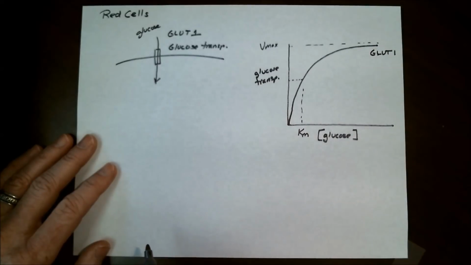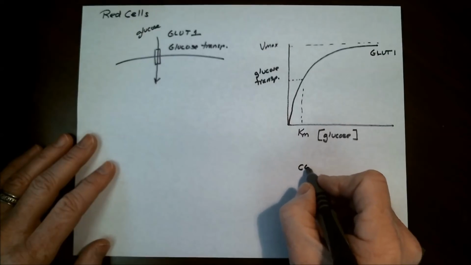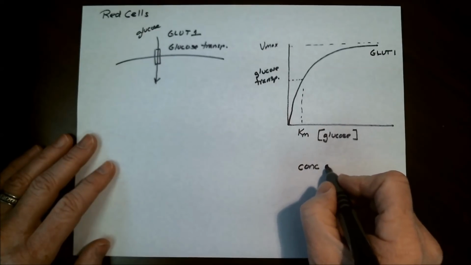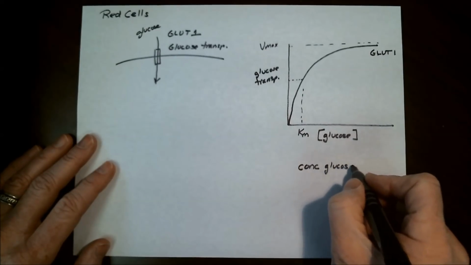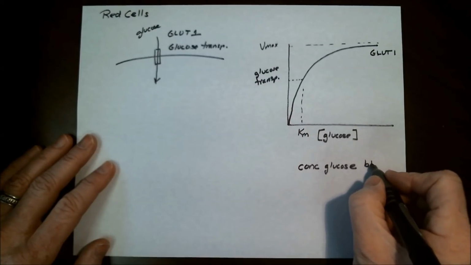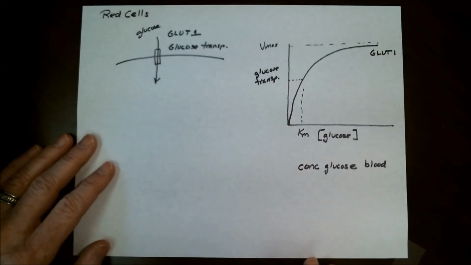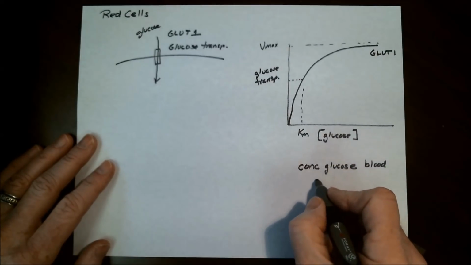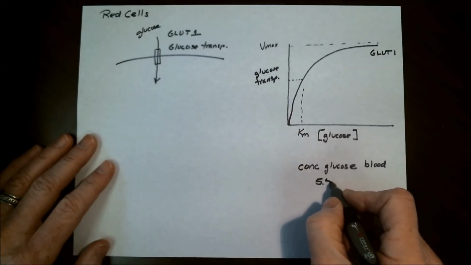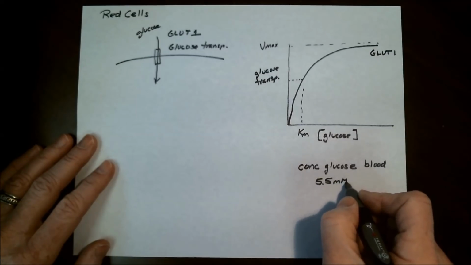And what we need to consider here is the concentration of glucose in the blood. Now, under normal homeostatic conditions, the fasting glucose levels in the blood are approximately 5.5 millimolar.